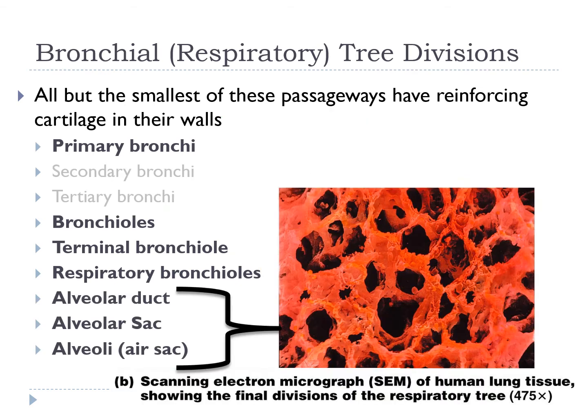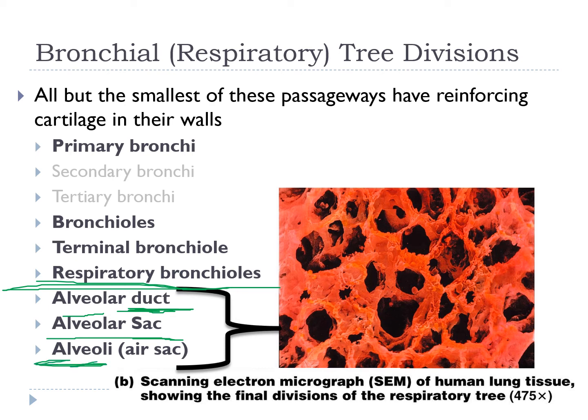Oh, and then you continue, once you get microscopic, from the bronchioles, there are branches called alveolar ducts. Remember, duct is like an air duct in the ceiling. It's a hollow tube that transports something, in this case air. Then you have alveolar sacs, which are clusters of alveoli.